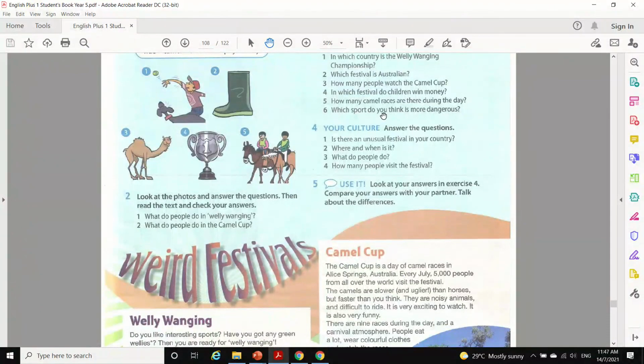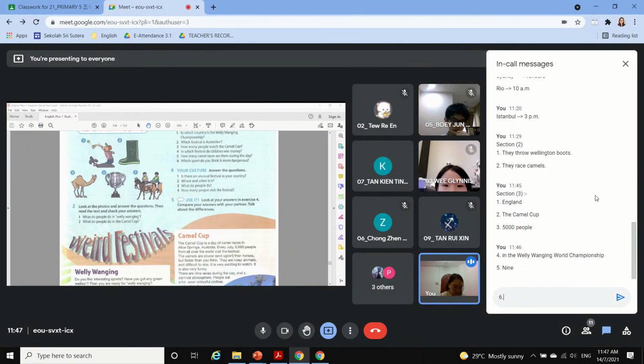Last one: which sport do you think is more dangerous, wellie wagging or Camel Cup? Camel Cup, camel racing. Why? It is fast and difficult.